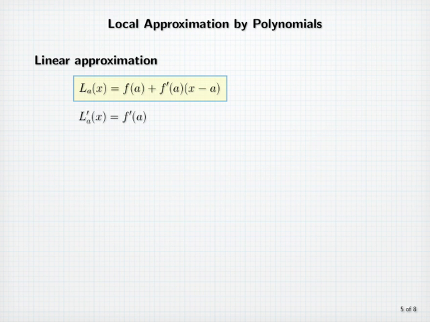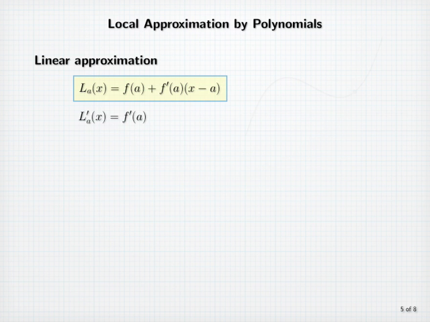Let's notice that the derivative of L sub a is simply equal to the derivative of f of a with respect to x, which is 0, since that's constant, plus the derivative of f prime of a times x minus a, which is just the constant f prime of a. L sub a is the linear function that has the same value as f at a, as well as the same derivative as f at a.